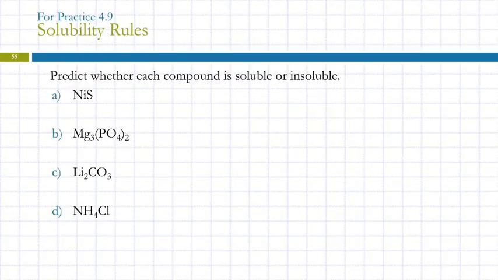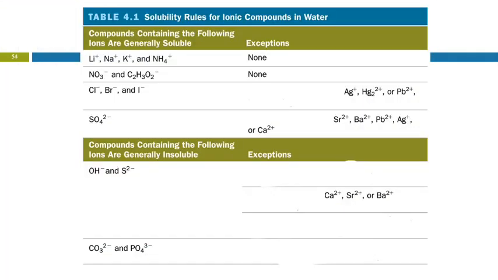Okay, so we should be able to do this. Predict whether each compound is soluble or insoluble. So we're going to mentally think about that table. So nickel sulfide. On this first one, we'll actually look at the table. So nickel sulfide, we're going to start at the top. We've got group 1A metals and ammonium. Nope, don't have one of those. Don't have nitrate or acetate. None of these. Hydroxide. Sulfide.